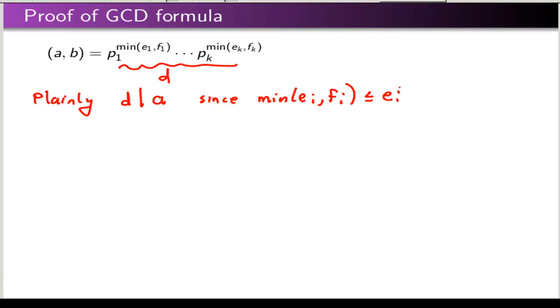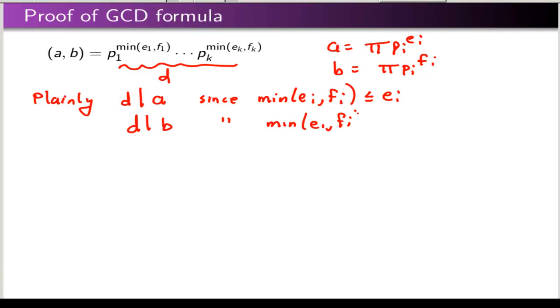Right? So A, let's write down what A is. A is the product of p_i to the e_i's, and B is the product of the p_i's to the f_i's. So since each prime power is smaller than the e_i, clearly D is a divisor of A, and likewise D divides B, since each of those prime powers is less than or equal to f_i. Okay, so D is a common divisor of A and B.